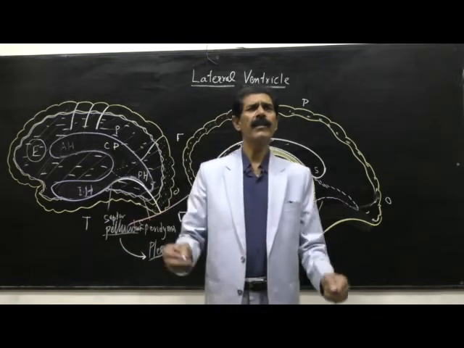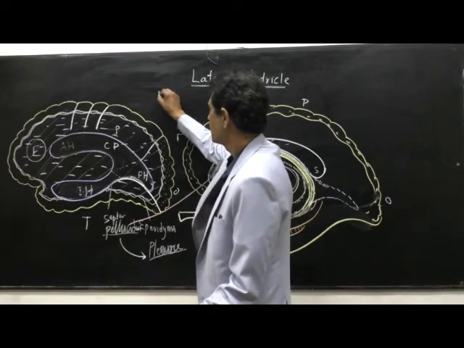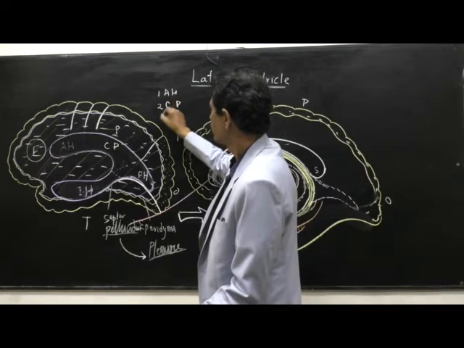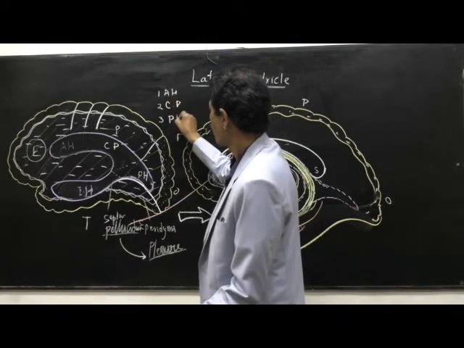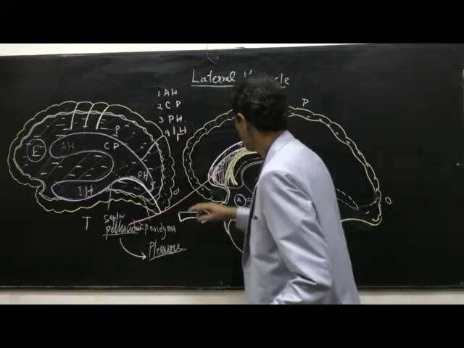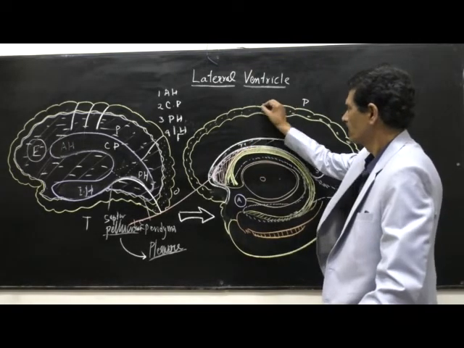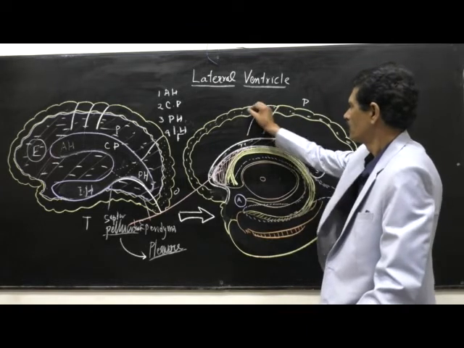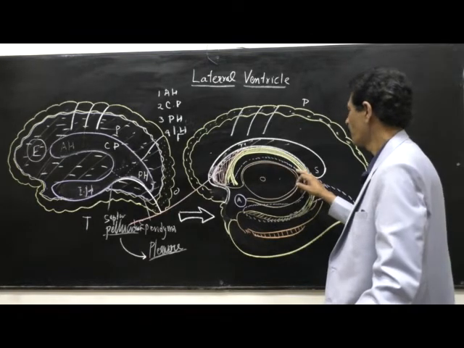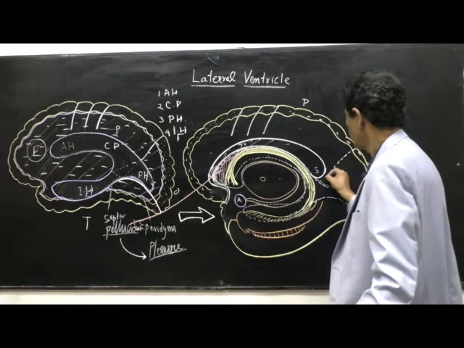So the lateral ventricle is divided into four parts in four lobes: the anterior horn in the frontal lobe, the central part in the parietal lobe, the posterior horn in the occipital lobe, and the inferior horn in the temporal lobe.